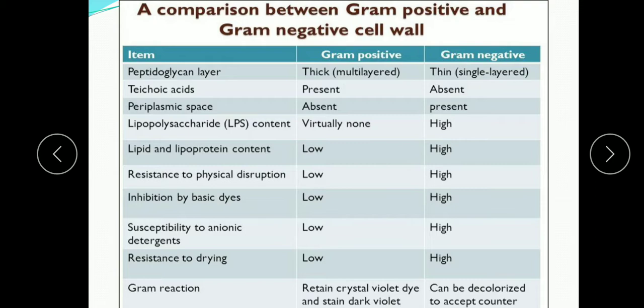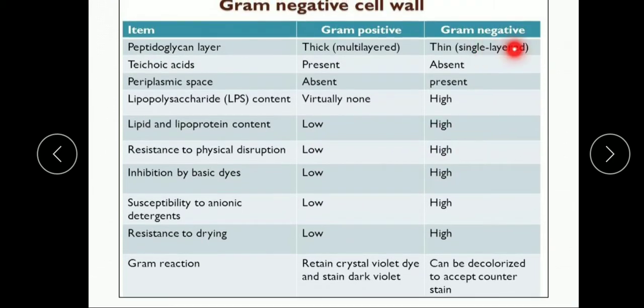So in gram positive bacteria the cell wall is rigid. What is the reason? Because here the peptidoglycan is more and the cell wall is multi-layered, while in gram negative bacteria it is disrupted easily, because the cell wall is thin.